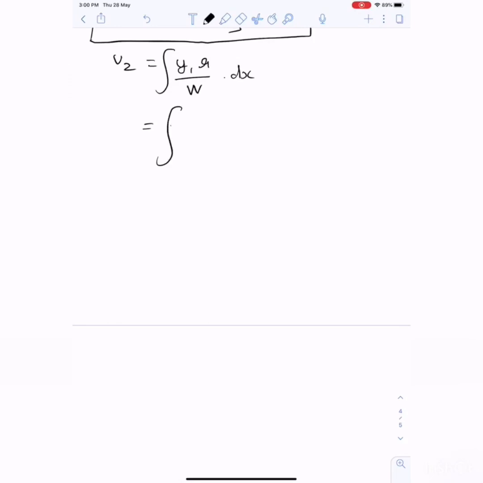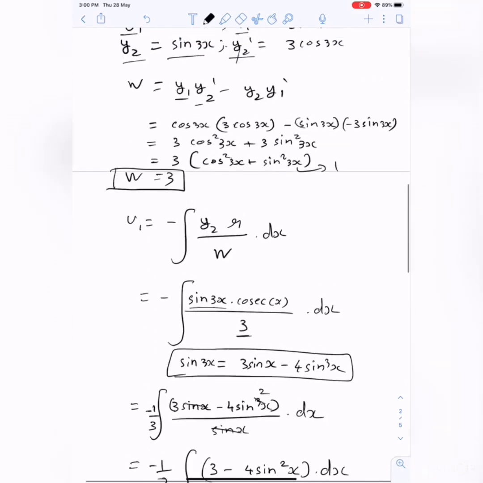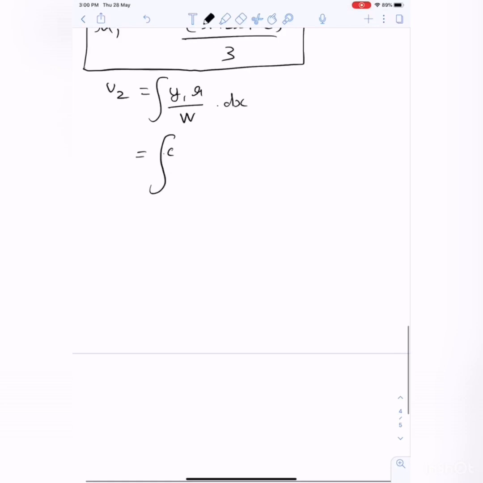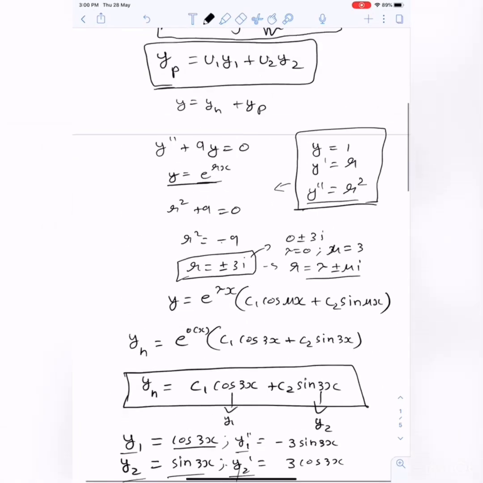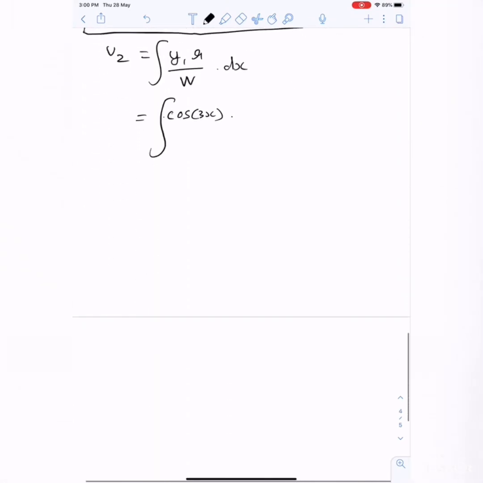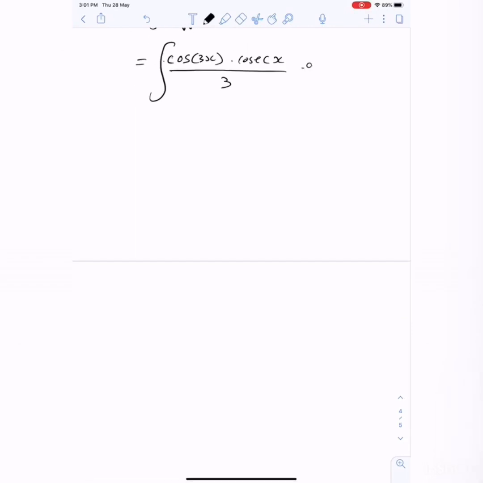So that would mean u2 would be, we found y1, y1 would be cos of 3x, times r. r is nothing but cosecant x, times cosecant x over w, which is nothing but 3, times dx. Okay, so now let's try to solve it.